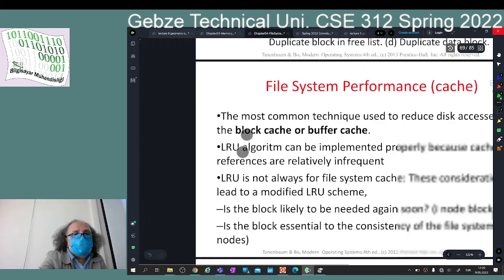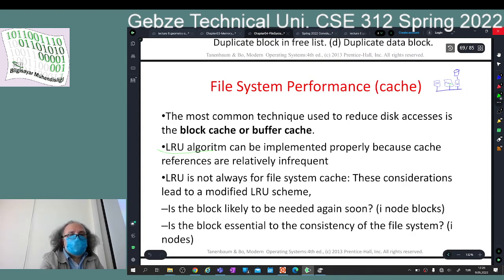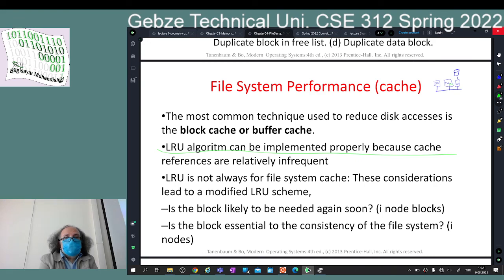So I can implement the LRU, least recently used algorithm, very efficiently. We like LRU anyway. But LRU is not always the best solution for all the blocks that we are using.